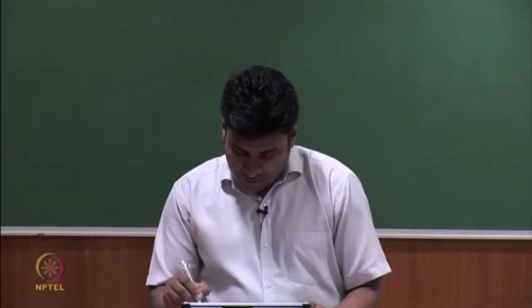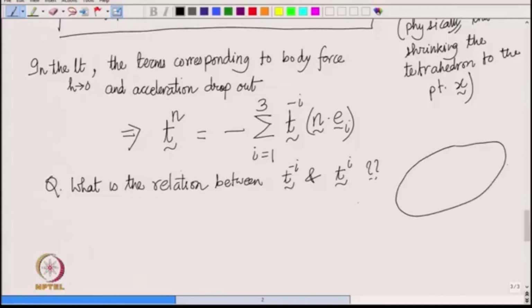So, if I redraw our body and think of this internal section, I get two parts, and the sections have normals exactly opposite. And what can you say about the tractions on these planes? They will also be equal and opposite due to Newton's third law, is not it, because they are an action reaction pair.